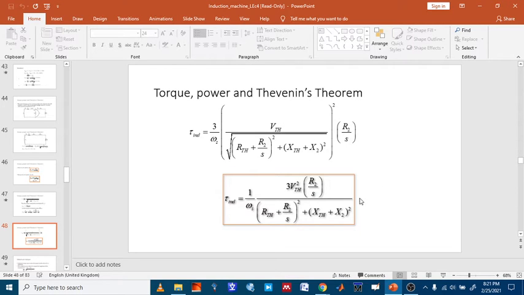You get this. So the generalized torque induced formula in the induction machine using Thevenin's theory is this. Keep this formula in mind.